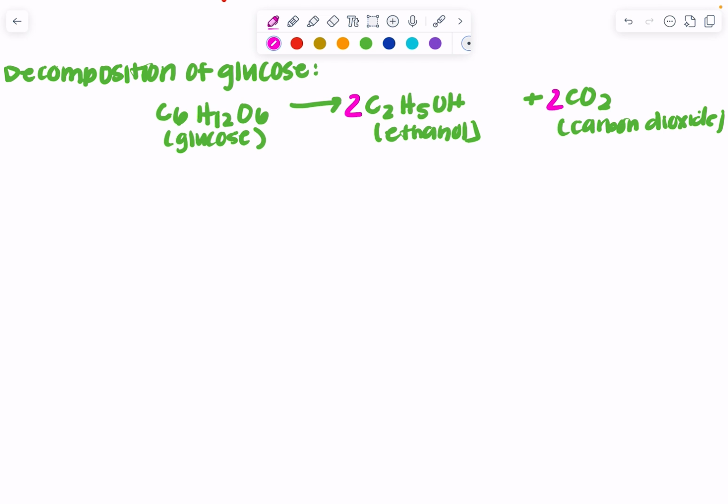So let's start with an easy question first. Okay, we have our balanced chemical equation. We know our molar ratios are 1, 2, and 2.